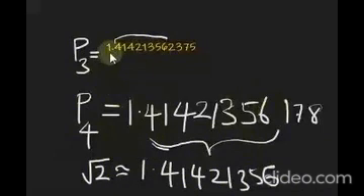These two numbers are the same up to 8 decimal places, so we stop calculating the next iterative.